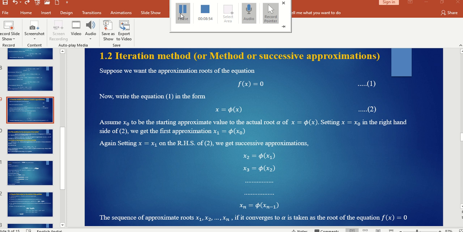So we have x1 equal to phi of x0. Continuing in this way, we have the successive approximations x2 equal to phi of x1, x3 equal to phi of x2, and so on, xn equal to phi of xn minus 1. If the sequence of approximate roots x1, x2, etc., xn converges, then it approaches alpha, that is, the approximate root approaches alpha.